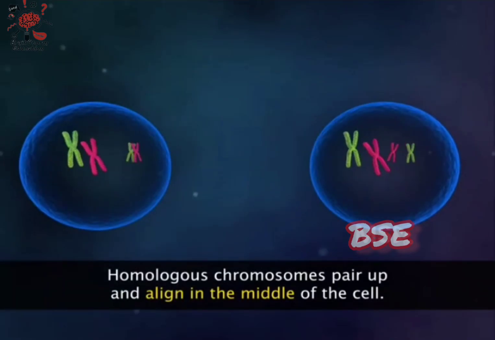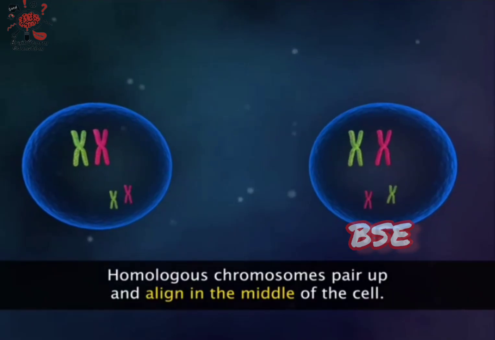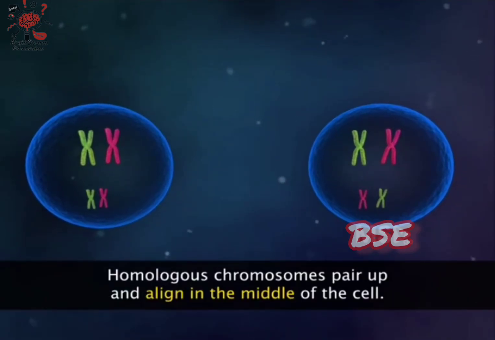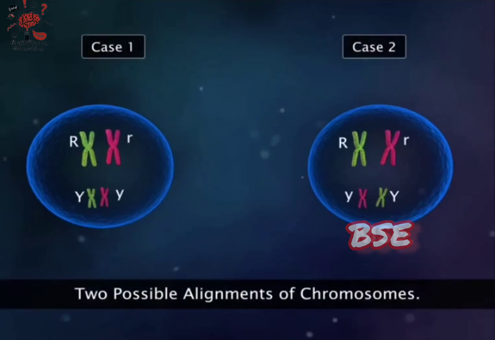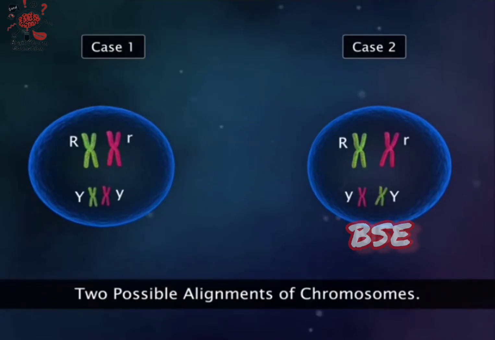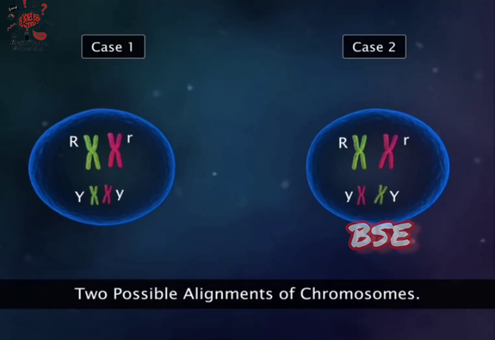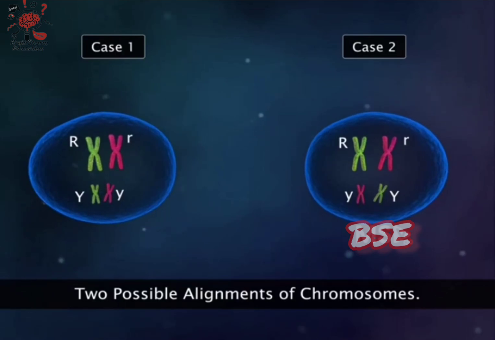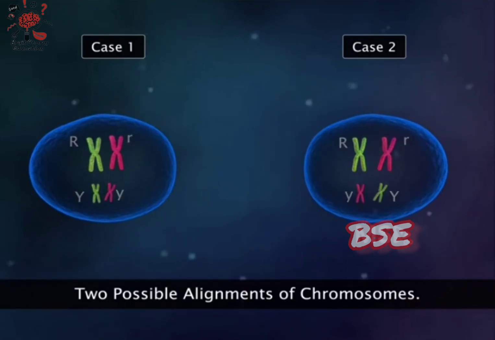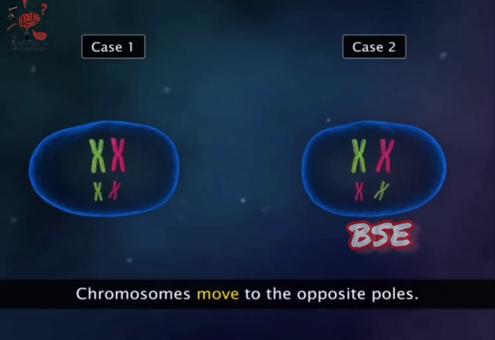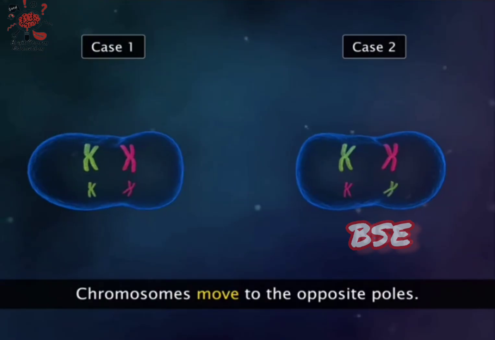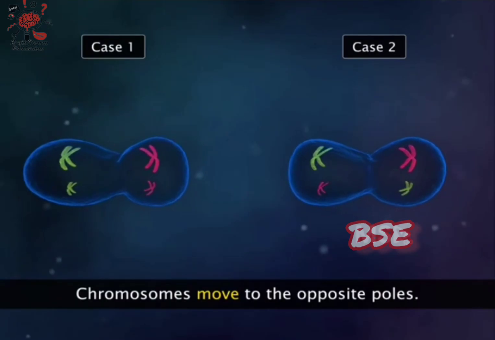During meiosis, the homologous chromosomes pair up and align in the middle of the cell. There are two alignments possible for the homologous chromosomes. In the first case, the two dominant alleles, capital R and capital Y, are aligned together, whereas in case 2, they are aligned opposite to each other. As the chromosomes move to the opposite poles, the alleles segregate.